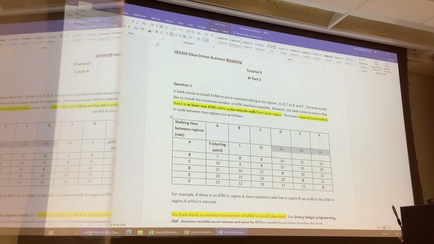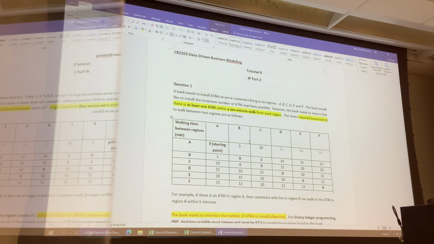Alright, so here you have to omit it, so you can have a gray in color and delete it. So this 3 area that is too far away, so we have to place ATM that is within A, B, C. Okay, so the region A, B, C must have one ATM. So the first constraint meaning that A plus B plus C bigger or equal to 1. So that is from the region A.